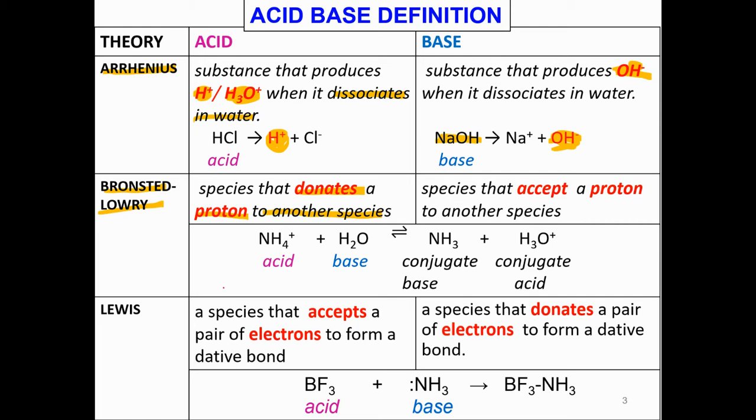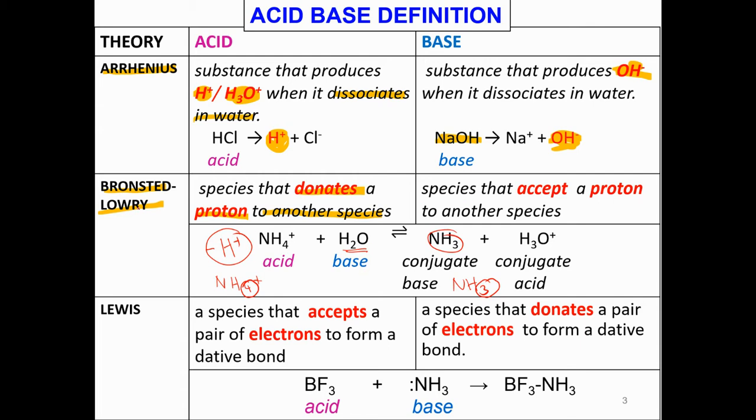Before the reaction, it is NH4+. After the reaction, it becomes NH3. Initially it has 4 hydrogens, after the reaction it has 3 hydrogens.